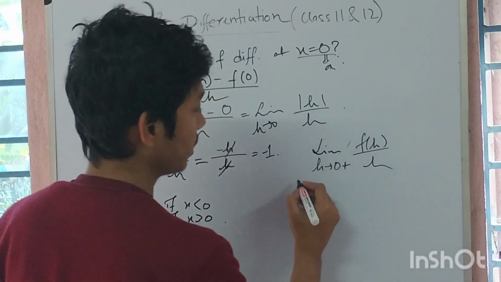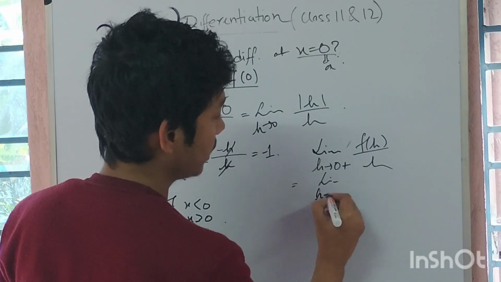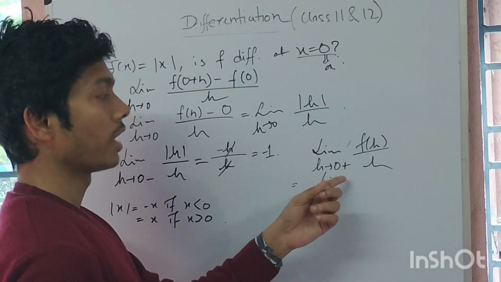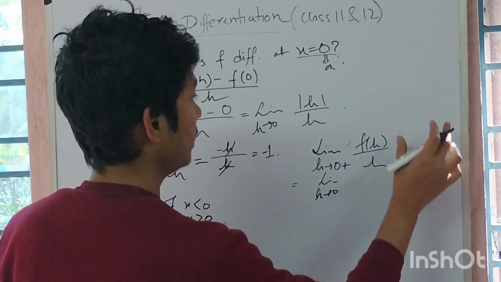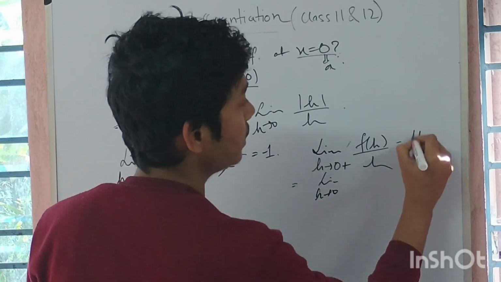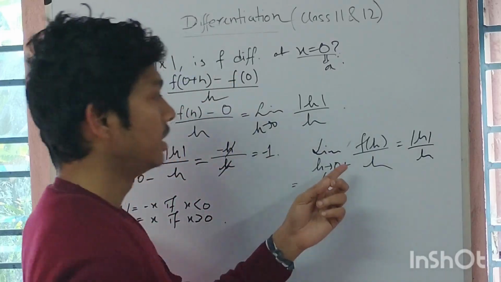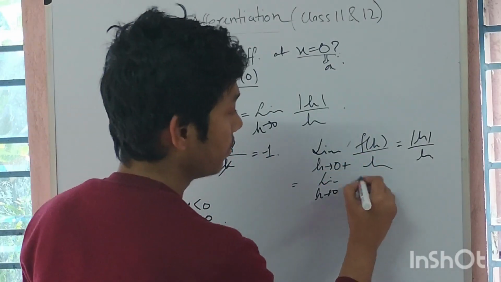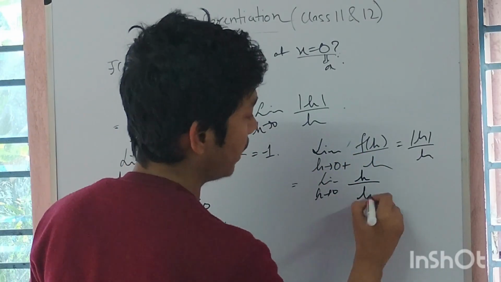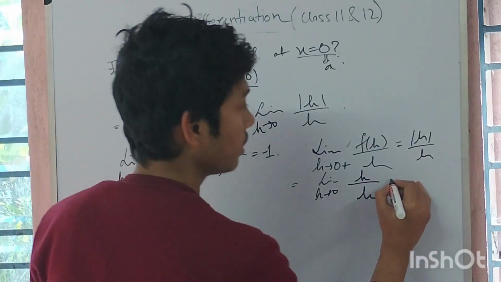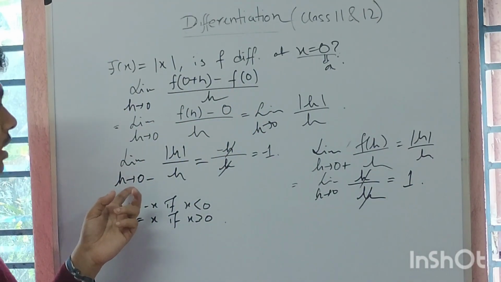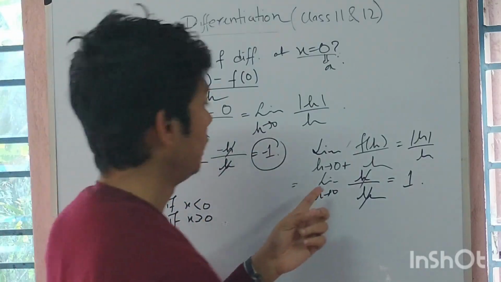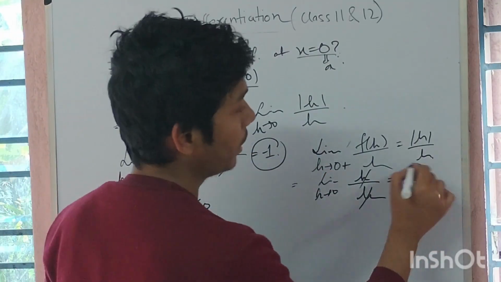And for limit h tends to 0 plus, h is a little positive, so mod h is positive h, and h by h is 1. So the limit as h tends to 0 minus is minus 1, and the limit as h tends to 0 plus is 1.